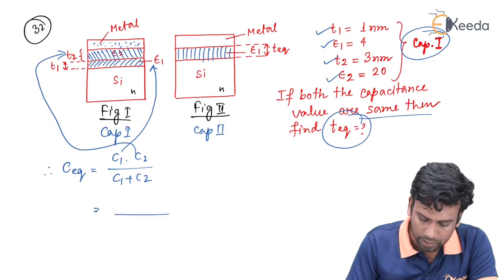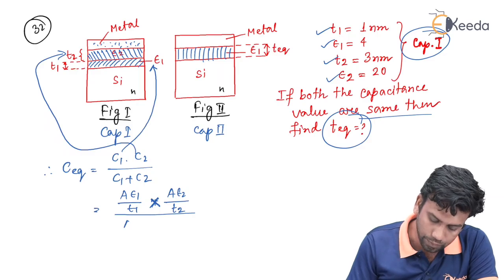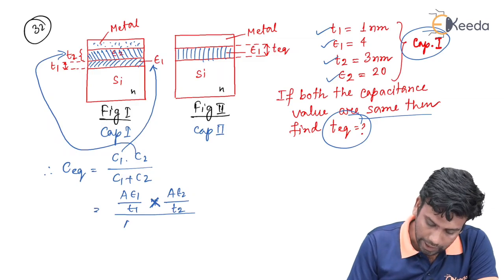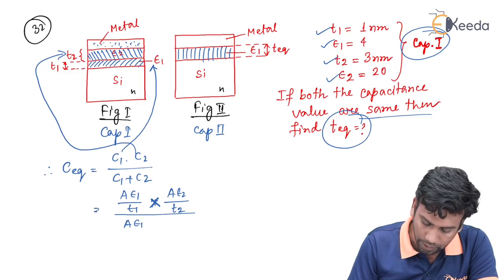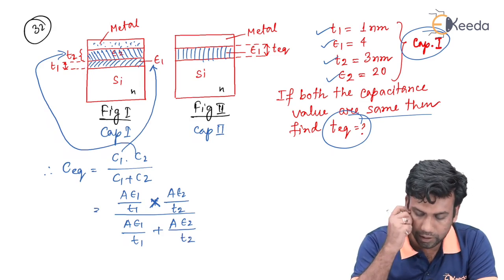Putting the values of epsilon 1 and epsilon 2 in the form of C1 and C2, the equation will be (A epsilon 1 by T1 into A epsilon 2 by T2) divided by (A epsilon 1 by T1 plus A epsilon 2 by T2).